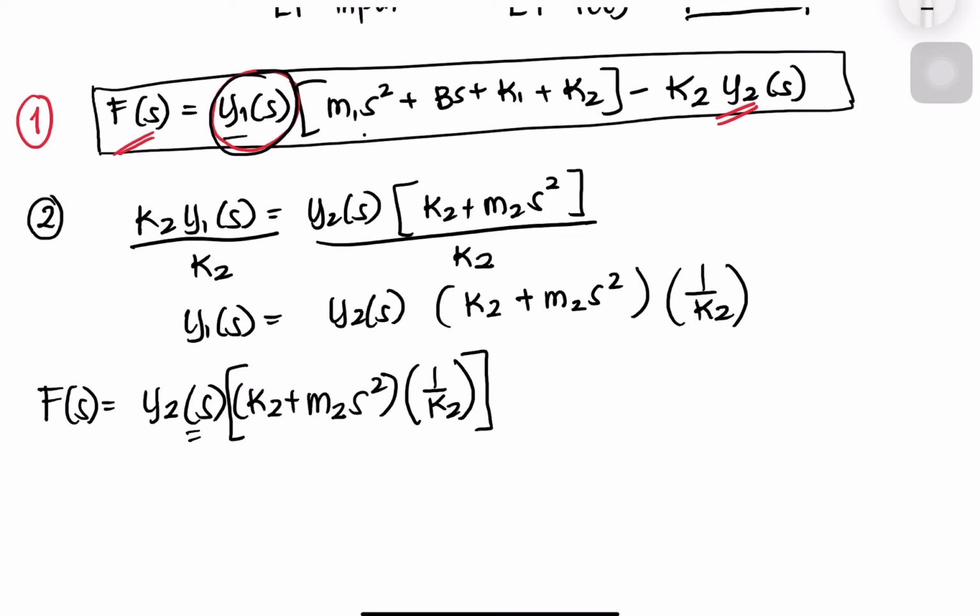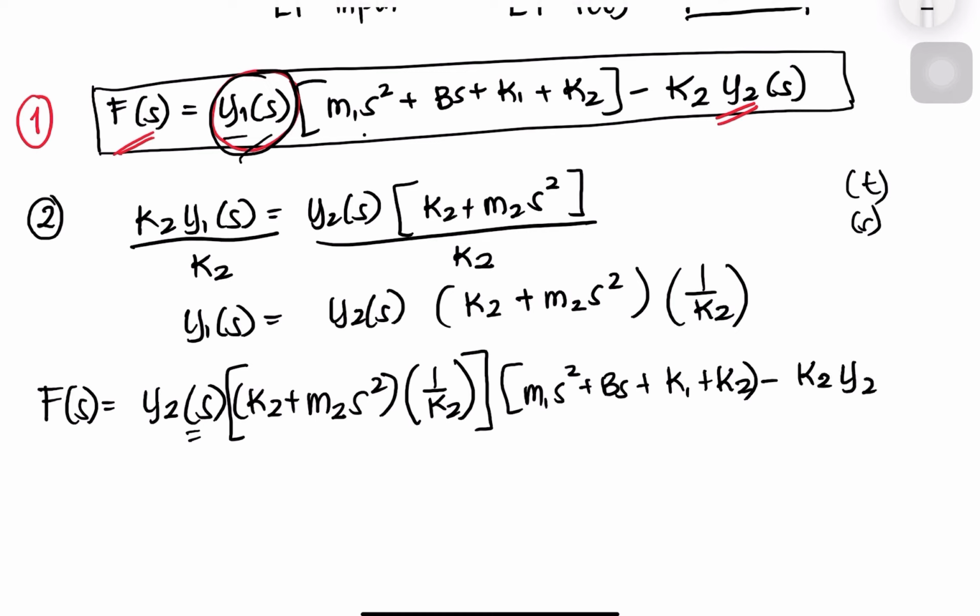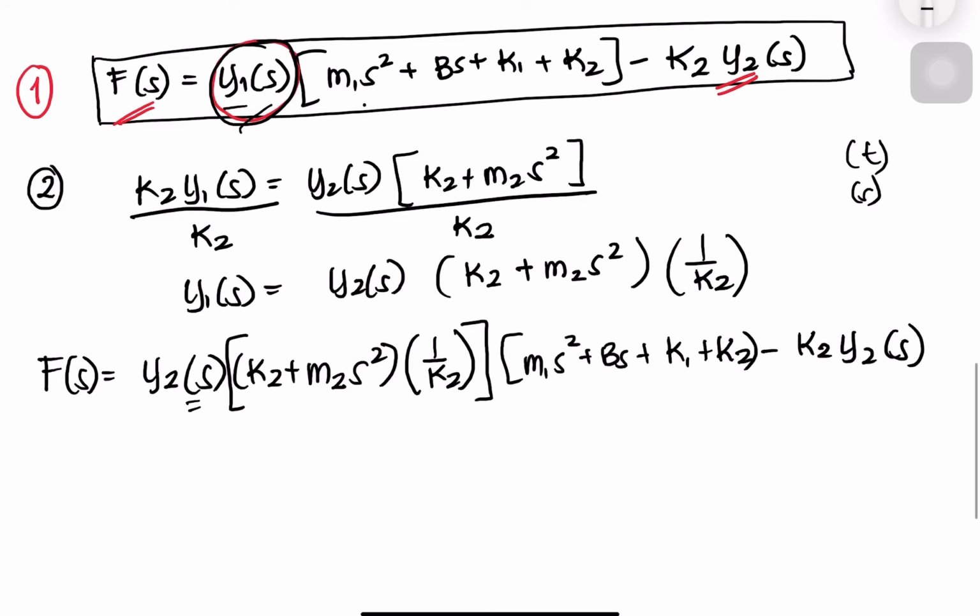So, yan ay ano lang, parang ganito. That's only the notion that we are in S domain. Okay, so ito yon times m1s squared plus bs plus k1 plus k2 minus k2 y2 of s. Now we are left with the variables y2 and fs.